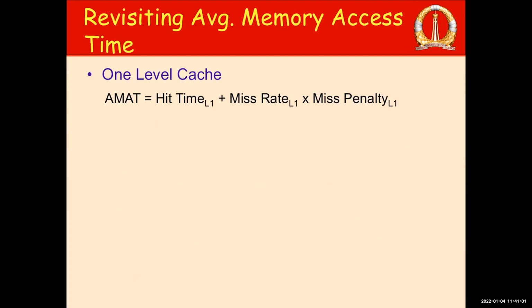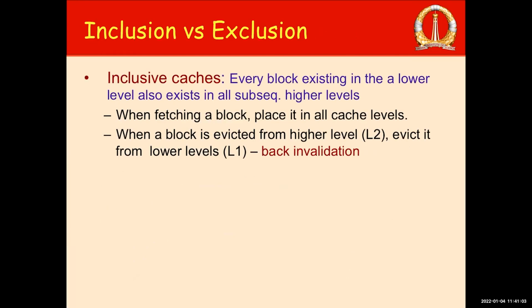Okay. Let's see. So when you talk about these multiple levels of caches, then you talk about what are called inclusive caches versus exclusive caches. Inclusive caches are ones in which you say that if a block is found in, let us say, an L1 cache, then it will also be found in the higher level caches.